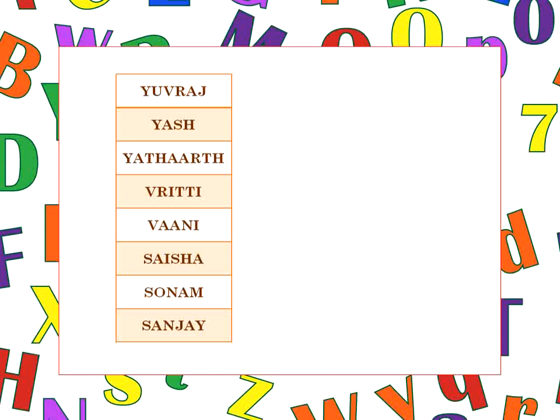They are Yuvraj, Yash, Yatharth, Vritti, Vani, Saisha, Sonam and Sanjay, as you can read from the list given here. In order to send the invites though, I have to arrange these names in alphabetical order. Can you help me with it?